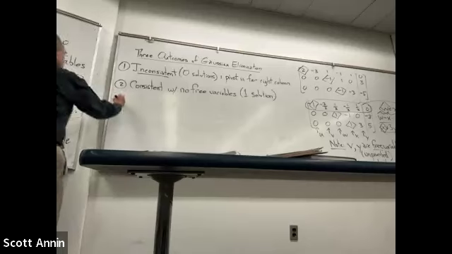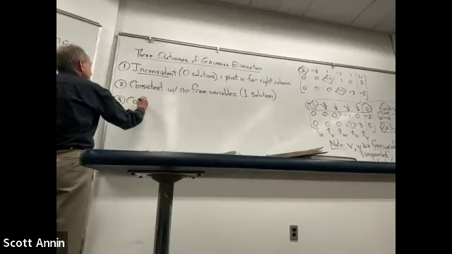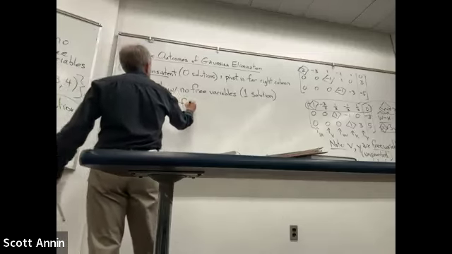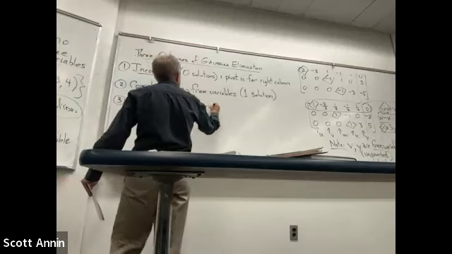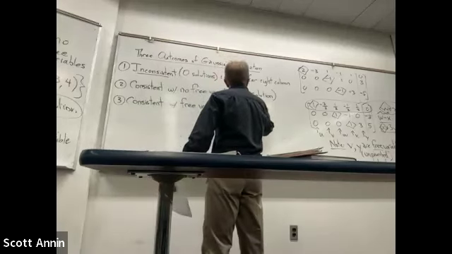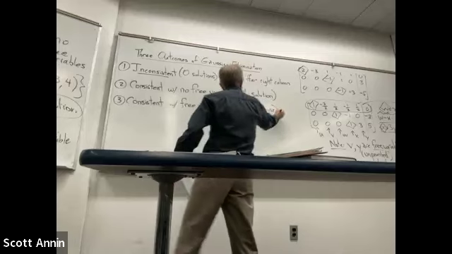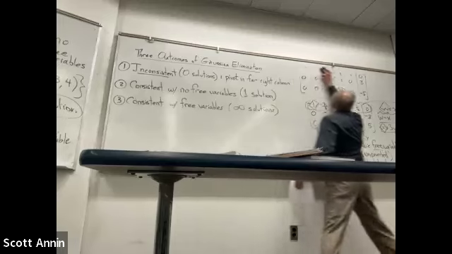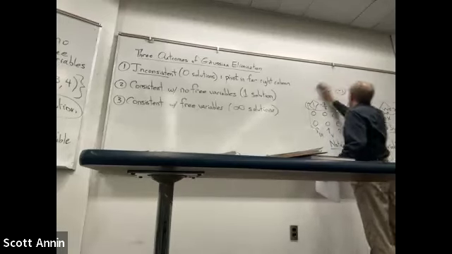And then the last case, number 3, guys, it could be consistent with free variables. That was the very first example we did, and that's the case of infinitely many solutions to your system.